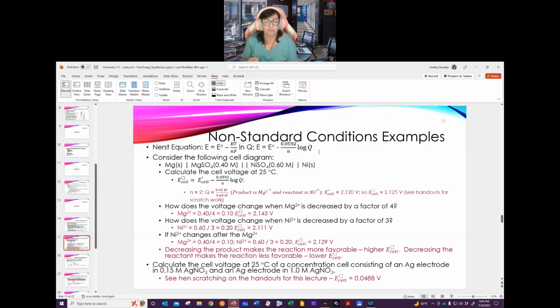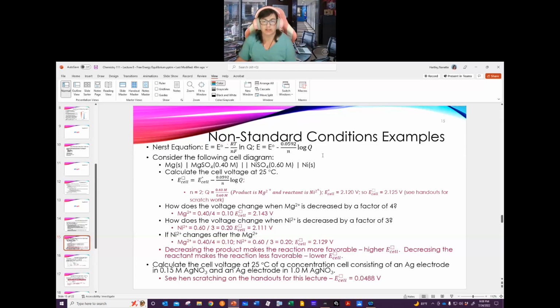So we're assuming that we're at 25 degrees C, and so we can get rid of that temperature component. We then multiply it by R and divide it by F, and that's where we get all the happy numbers except for the N. And then we're looking at a base 10 log rather than a natural log. So that's what's different between those two equations.